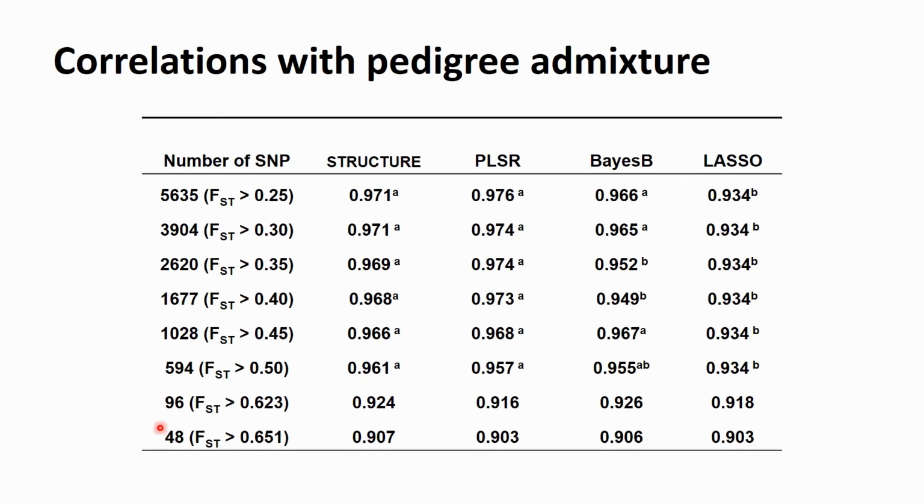And even if we go super low with the number of SNPs, about 50 SNPs, 50 well-selected ancestry informative SNPs give us about 0.9 when it comes to correlations to pedigree results, which is really, really great. The reason why this is so important is, of course, related to cost issues.